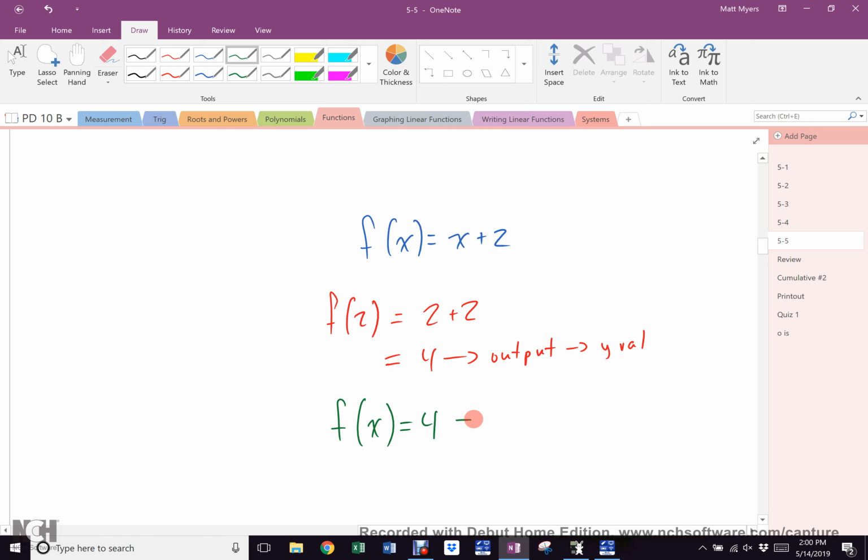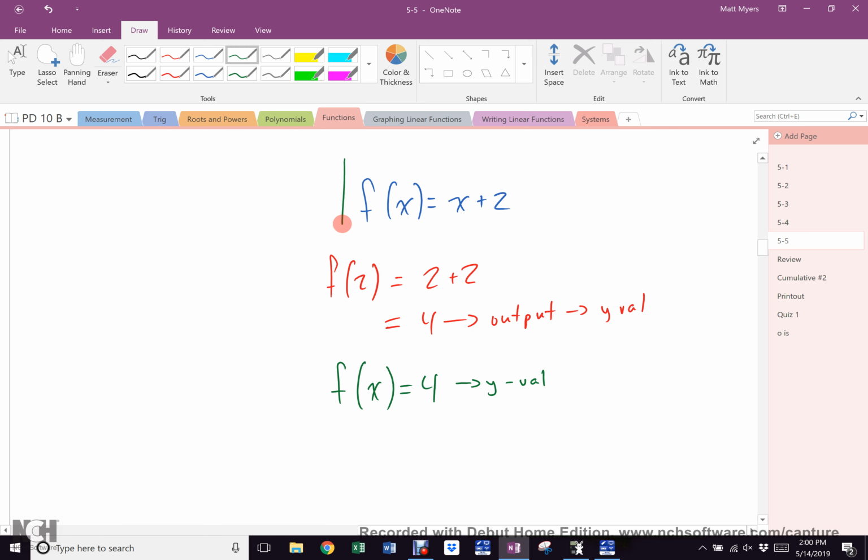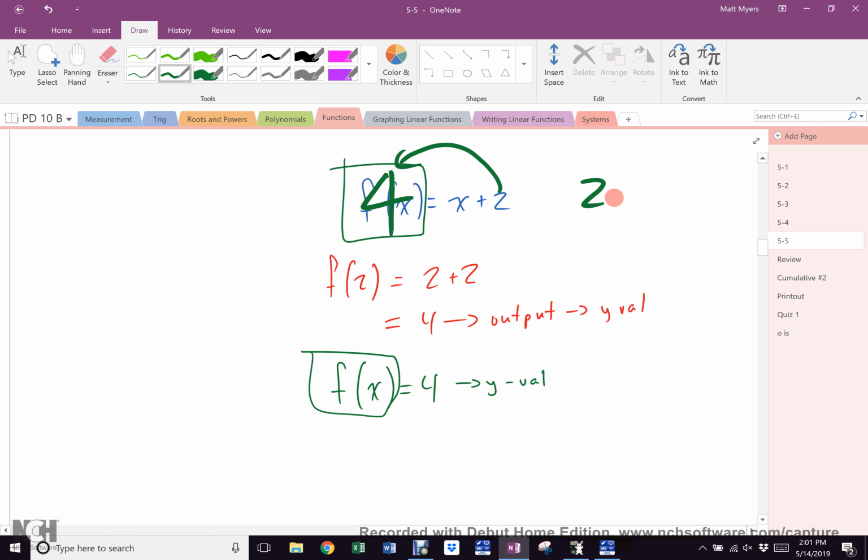So this must therefore be a y value, right? So go back up to here, f of x equals 4. So this equals 4. Then I would solve it. Bring the 2 over. 2 equals x, which we knew it to be true. Okay? Everybody good?